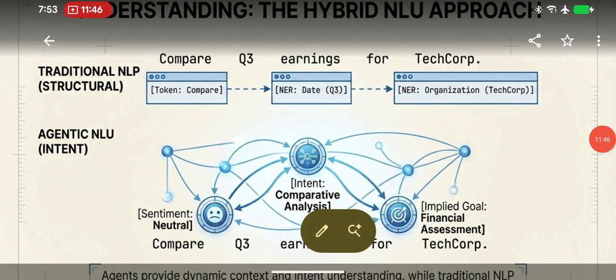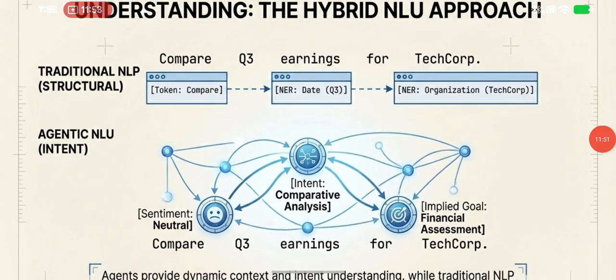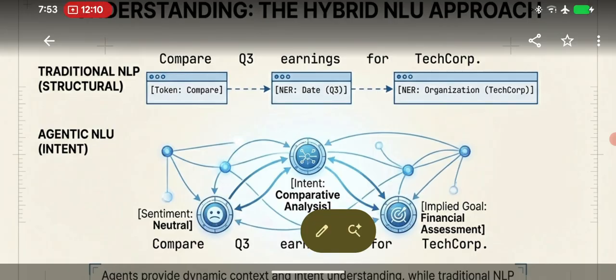While in the agentic case, if the same sentence is input, it will be able to find the sentiment of the sentence, the intent, and the implied goal. Like in this case, the question is: compare Q3 earnings for tech corps. The sentiment is neutral, the intent is to do the comparison, and the goal is to do the financial assessment.